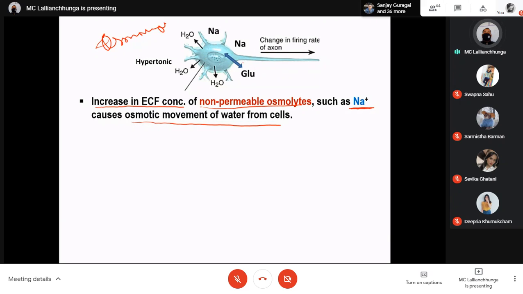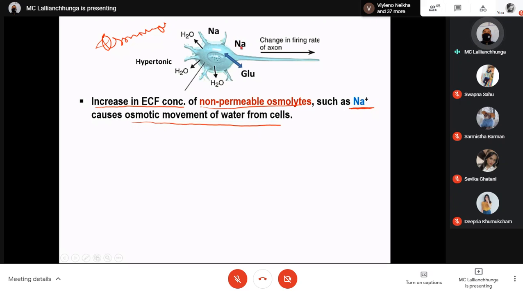Suppose outside of this nerve fiber is extracellular fluid, the interstitial fluid. We know that sodium has increased in its concentration in the interstitial fluid, or we can say in the extracellular fluid, because of dehydration or maybe because of increased intake of sodium.